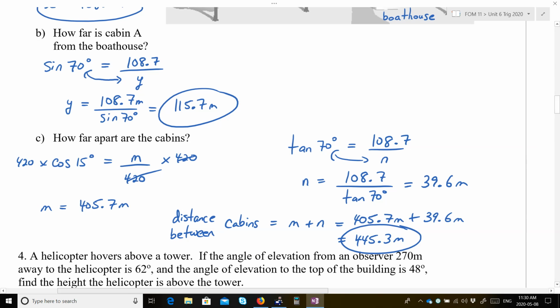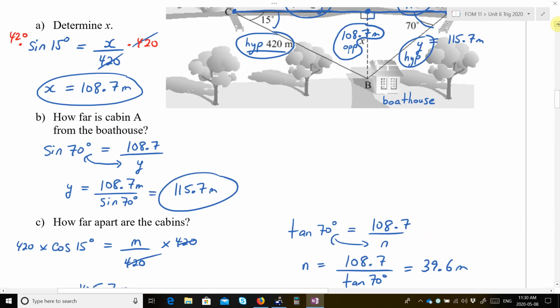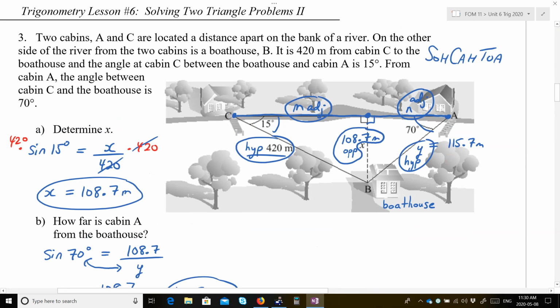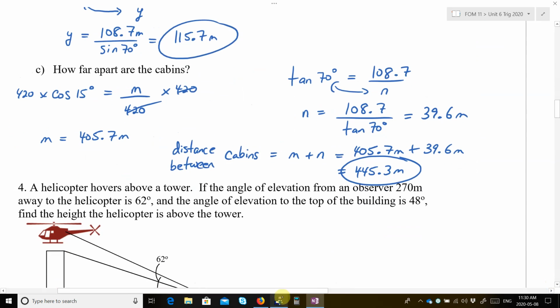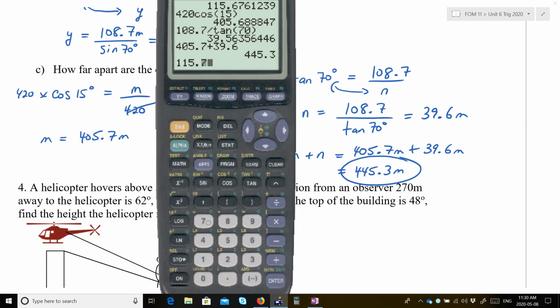Okay, the answer key says 445.7. They may have used this 115 here instead, in which case, if you've got the hypotenuse and you're looking for adjacent, it would be cos 70 equals adjacent over the 115.7. This would actually be 115.7 times cos 70. So that's what they would get.